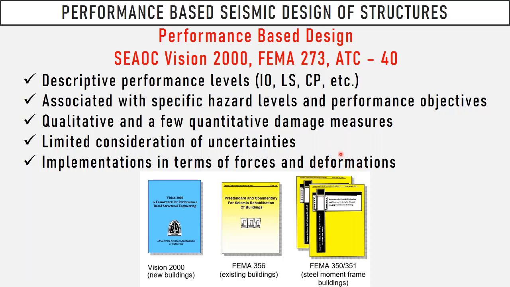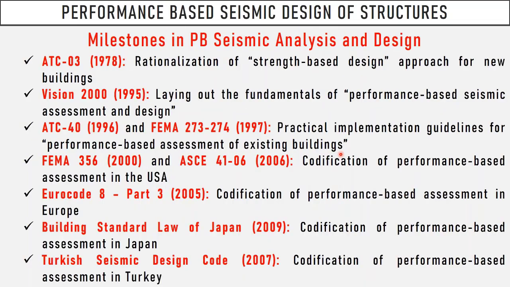In the previous approach, engineers were doing their design based on demand and capacity ratios, so-called. All the design process was based, most of the time, on forces, but now we changed our mind to deformations.